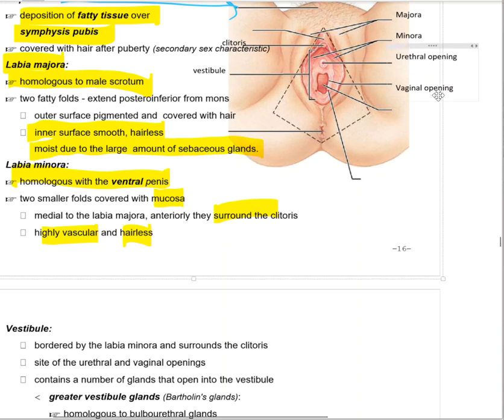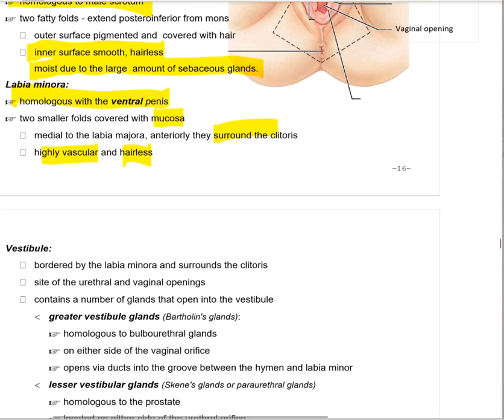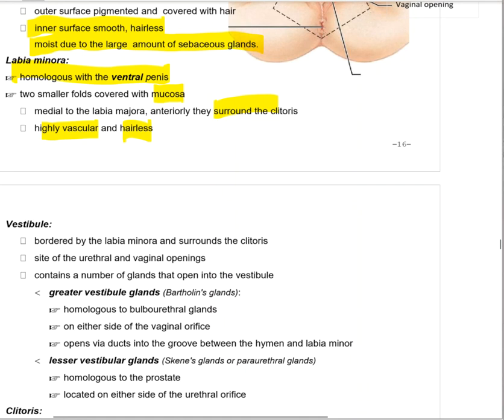Oh, I lied. This one is actually farther down. One more. Sorry. There. So the vestibule is housing those two openings.